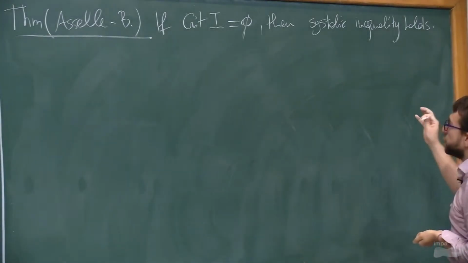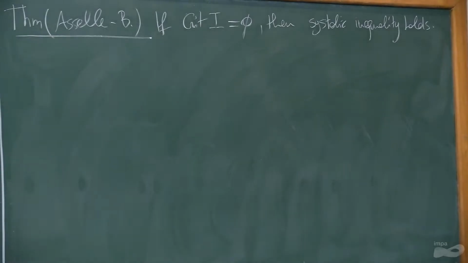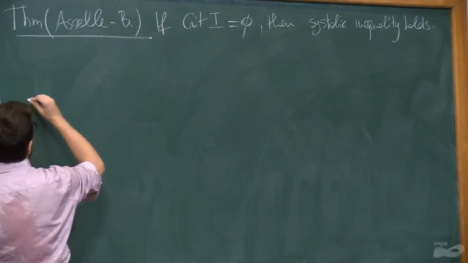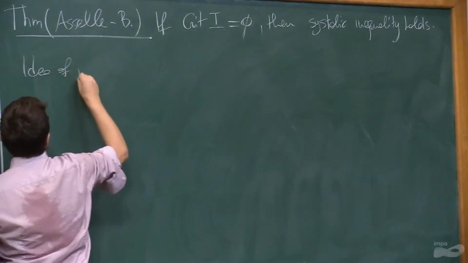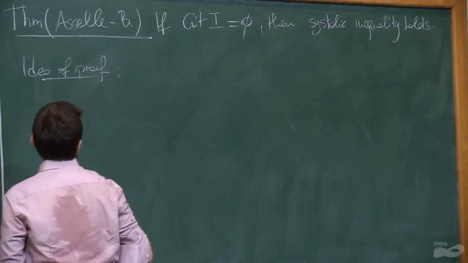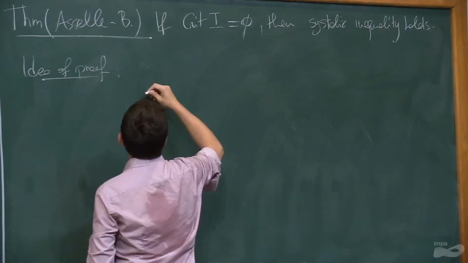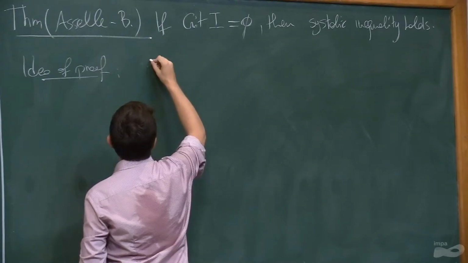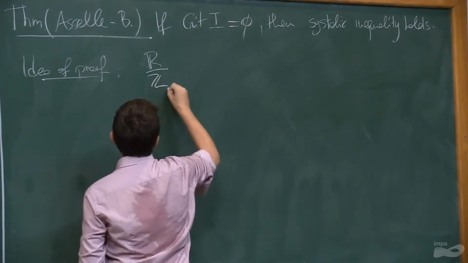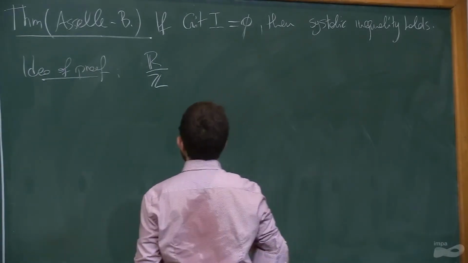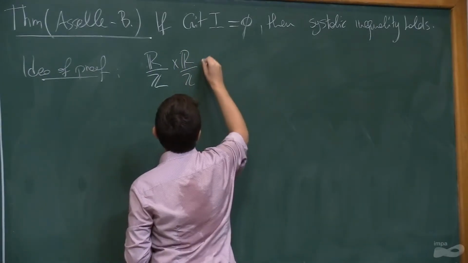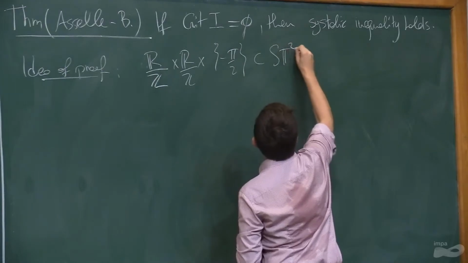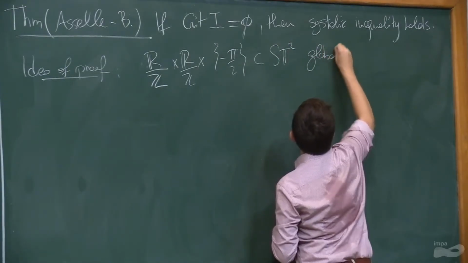And here the idea of the proof is that one can consider a return map, because under this assumption you can consider R over Z times minus pi over 2 inside here, and this is a global surface of section.